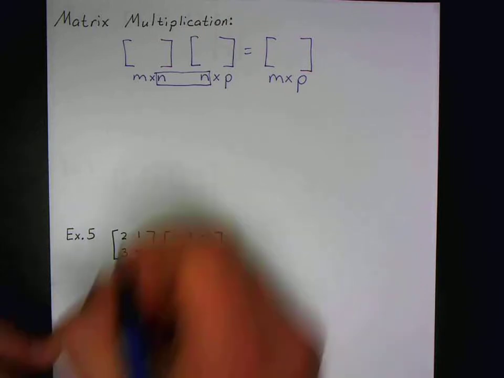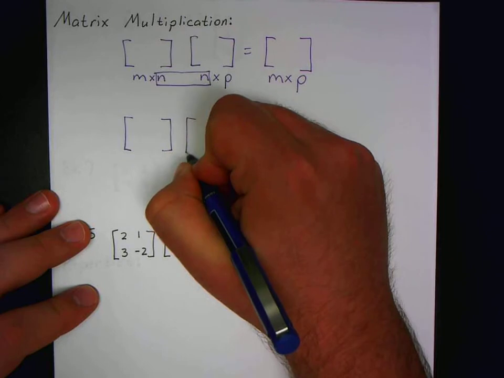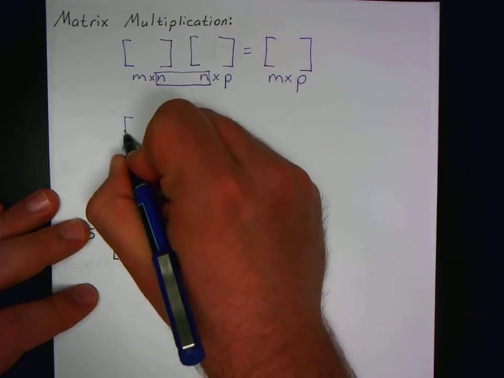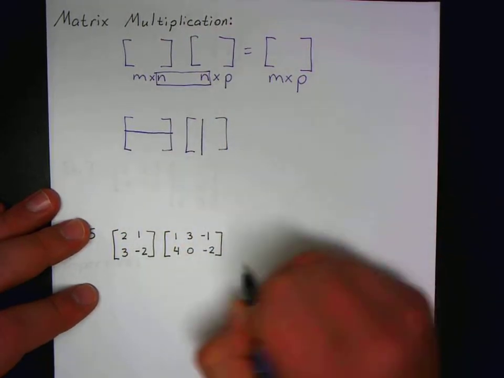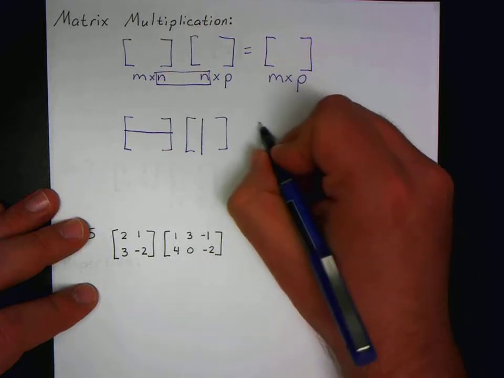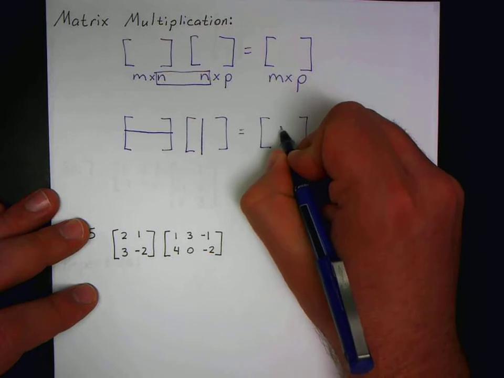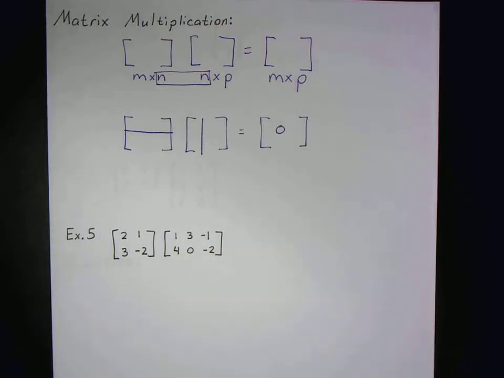When we multiply, what we do is we take a row of the first matrix times a column of the second matrix. That gives us a single answer in our answer matrix. So we take a full row times a full column and we get a single number.